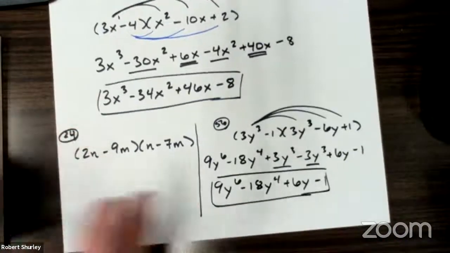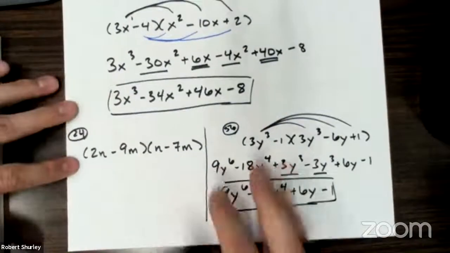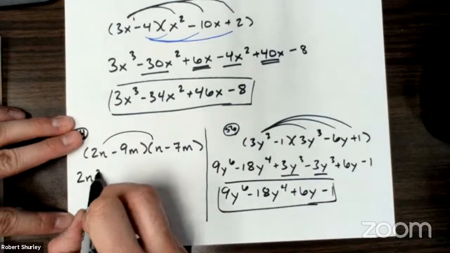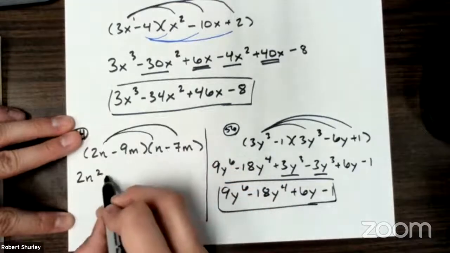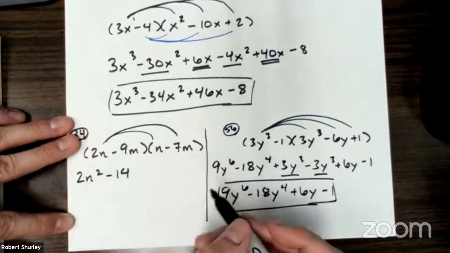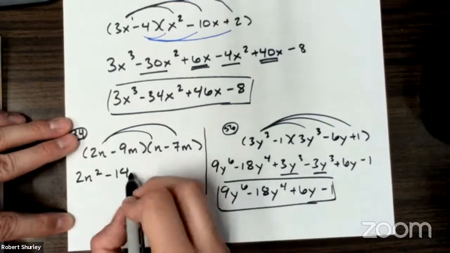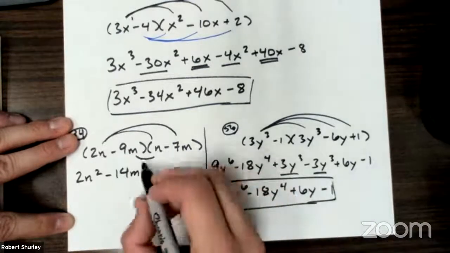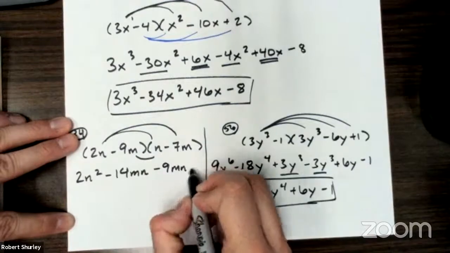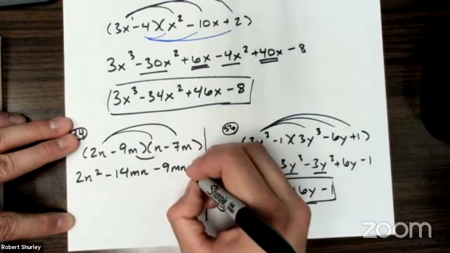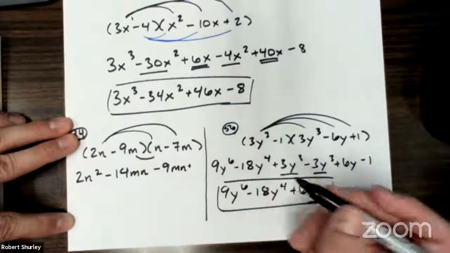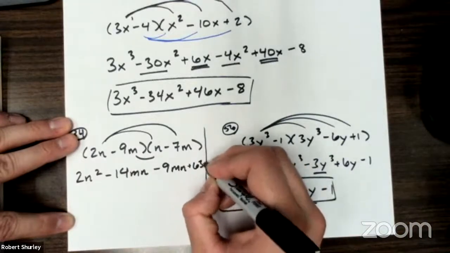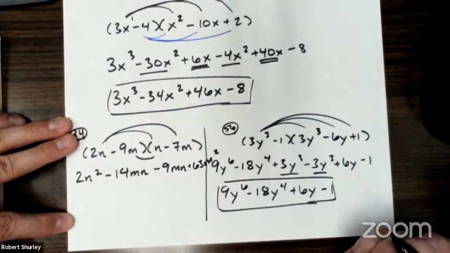Okay. And then now let's look at the first one. Again, I'm going to do the same thing. I'm going to multiply the 2n times the n, so that's 2n squared, minus 14mn, let's write this in alphabetical order. And then negative 9 times n, so that's negative 9mn. And then plus 9 times 7, which is 63m squared.